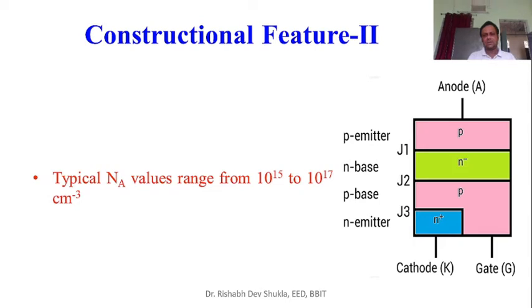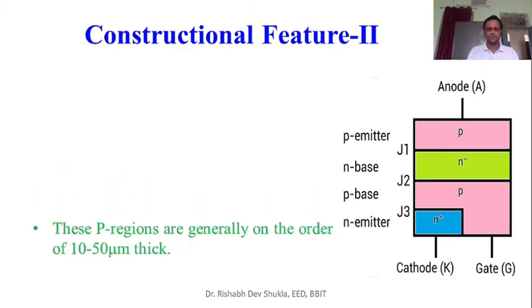Typically the acceptor ion concentration under these two layers is starting from the 10 to the power 15 to 10 to the power 17 per centimeter cube. The thickness of these P regions is about starting from the 10 micrometers to 50 micrometers.